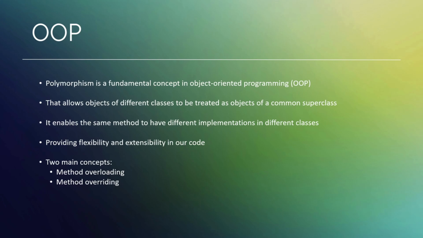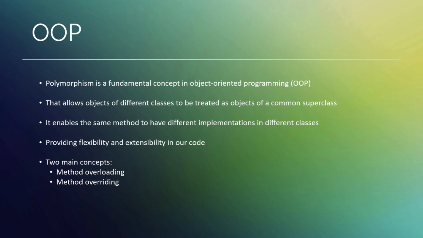In one class we want the function to do something, but in another class we want it to do something else, and in the parent class we still want to have the function in case one of our child classes does not have it. So we use polymorphism. It provides us with flexibility and extensibility.